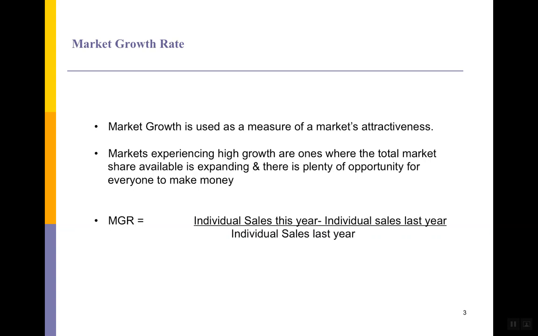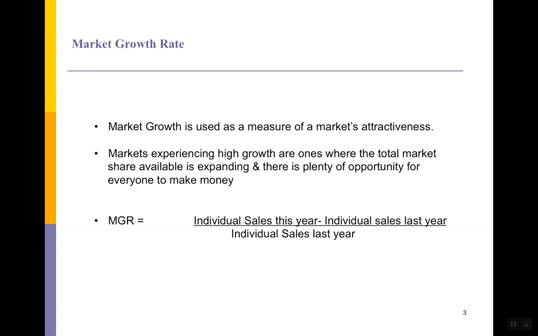Next point is market growth rate. Market growth rate is an indicator of the attractiveness of the industry, and relative market share is an indicator of the strength of the firm in the industry relative to competitors. Market growth rate helps the company understand its strengths and the key points of the company in the market.